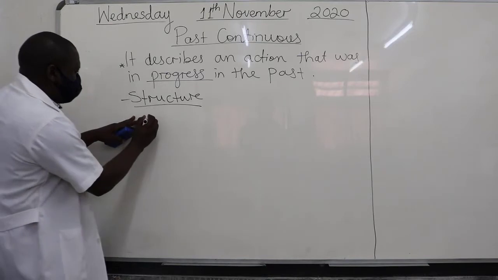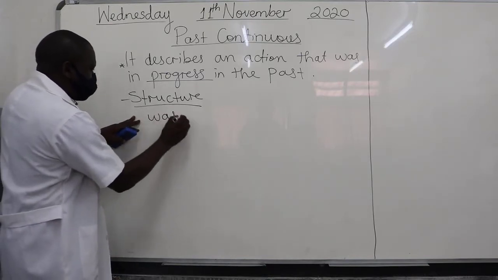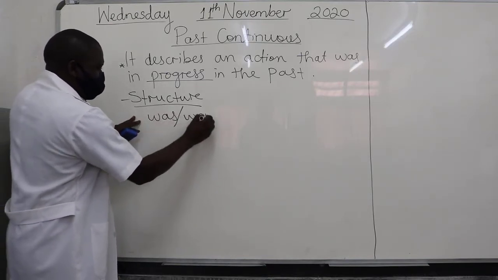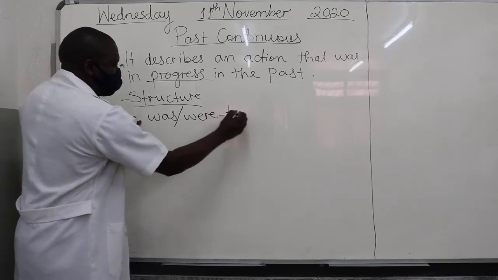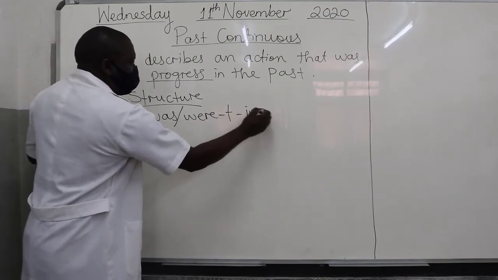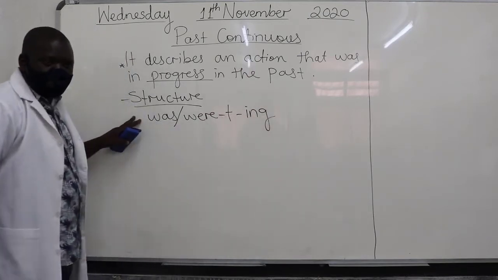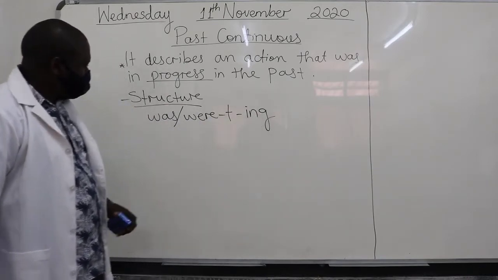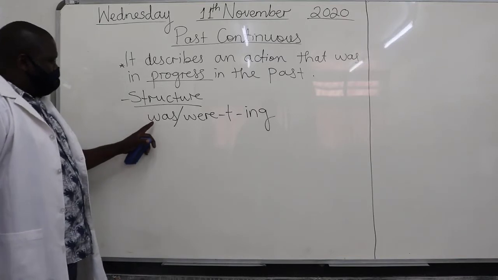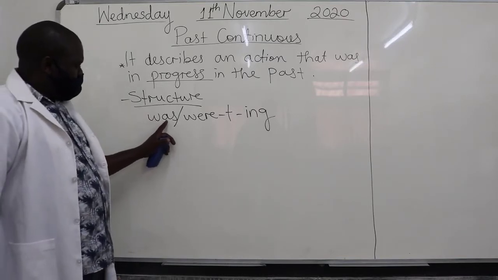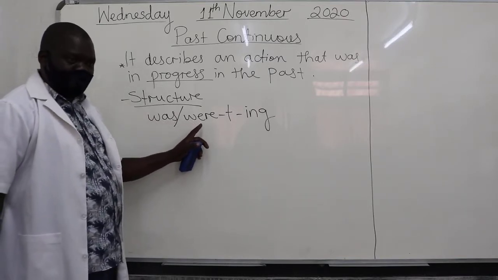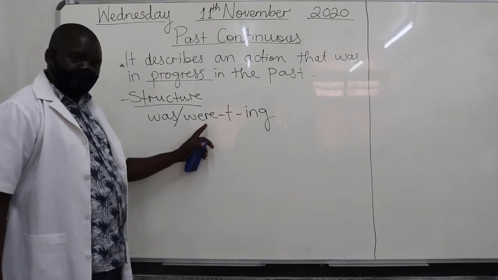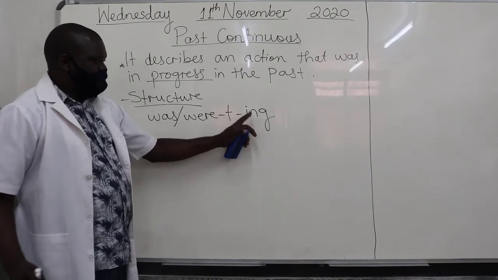So we say was or were plus the main verb in gerund form. So this was or were is our auxiliary verb that we are going to use, plus the main verb in gerund form.